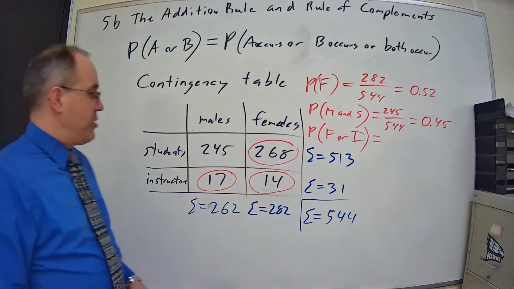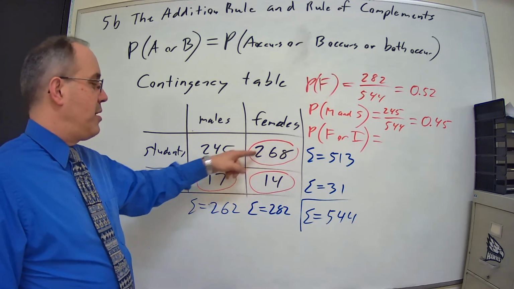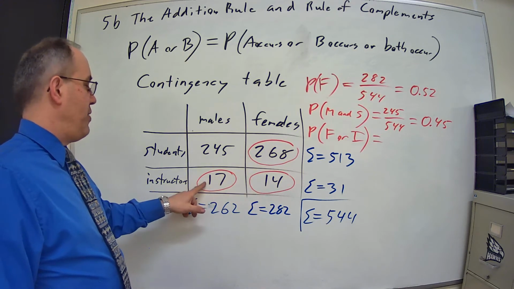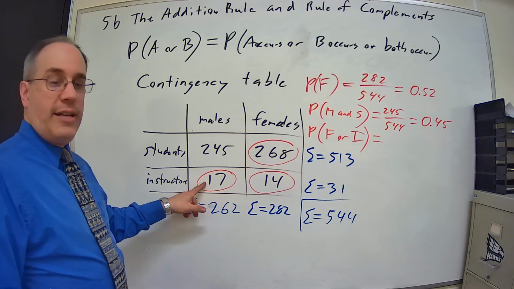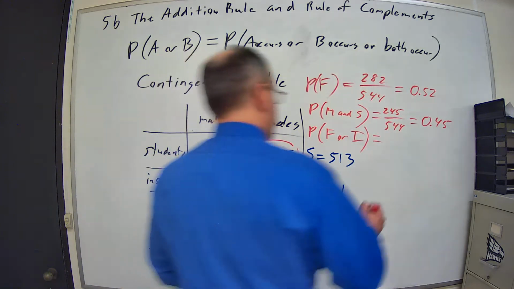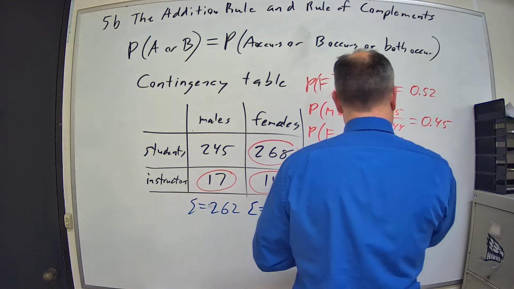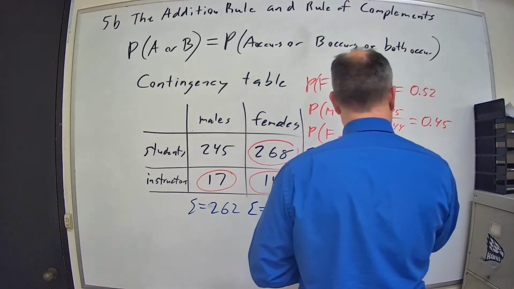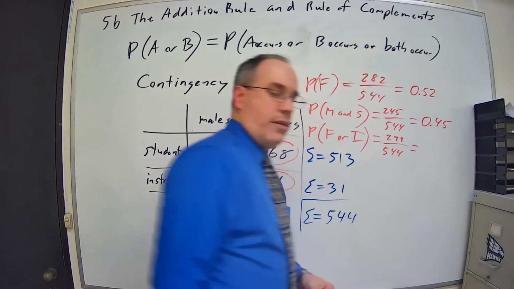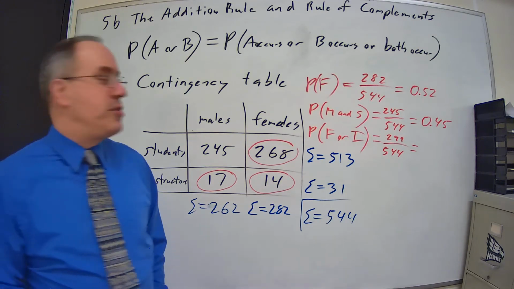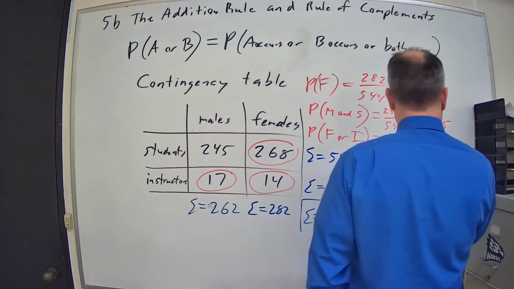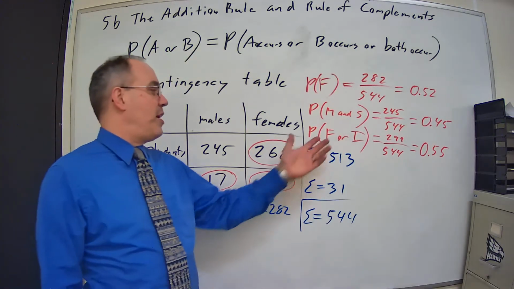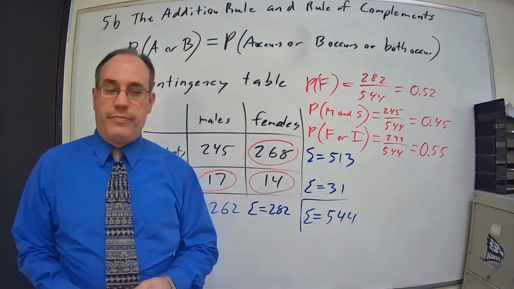So we have 268 plus 14 gives me 282, plus 17 gives me 299, over a total of 544, which gives me about 0.55. That's the probability that we select a female or an instructor.